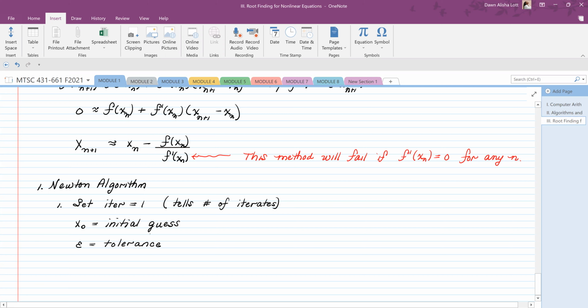And then we need to have an iteration max that says, you know what, after 200 iterations, just stop. You haven't gotten there yet. I don't know if you're going to converge, just stop, because it doesn't always converge. So this is the maximum number of iterations allowed.